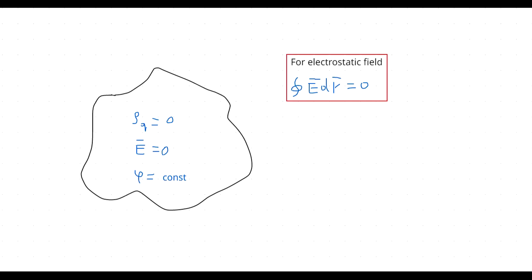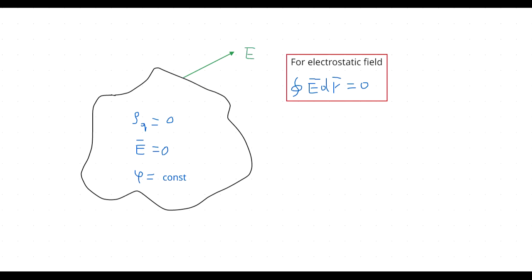It means that the electric field intensity vector cannot have a direction like this, for example. Why?